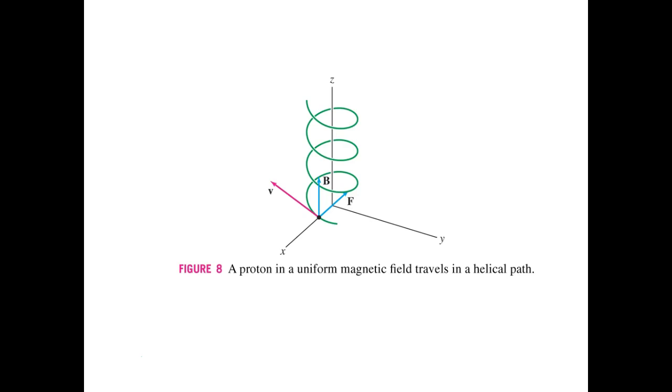The force is always V cross B. A proton, positive charge, in a uniform magnetic field which is up, with the velocity in a negative j direction, crossed with a magnetic field in the k direction, is going to give you a force in the negative i direction. Okay? That's what that's illustrating.